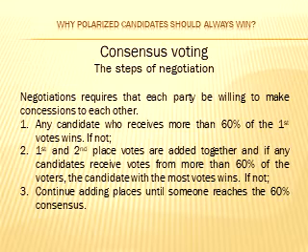If not, first and second place votes are added together, and if any candidate receives votes from more than 60% of the voters, the candidate with the most points wins. If not, we continue adding places until someone reaches the 60% consensus.